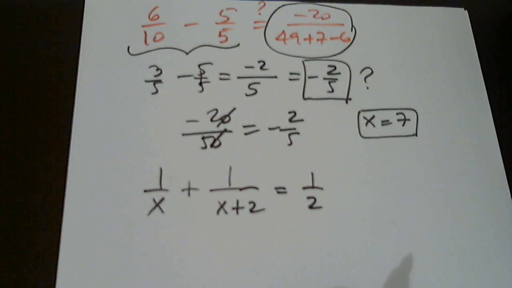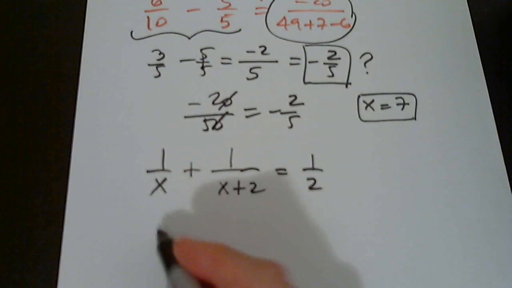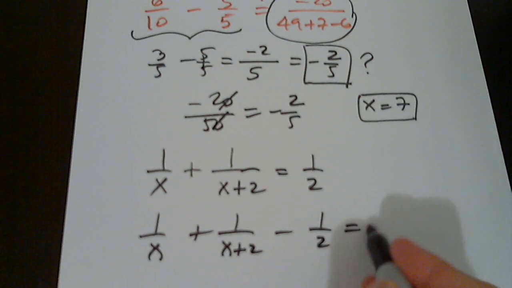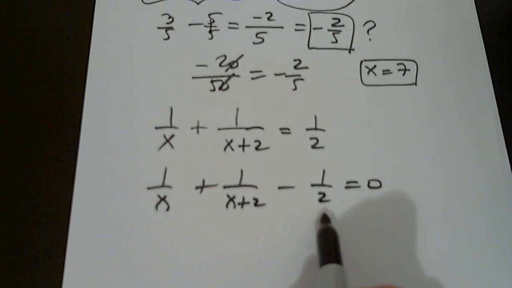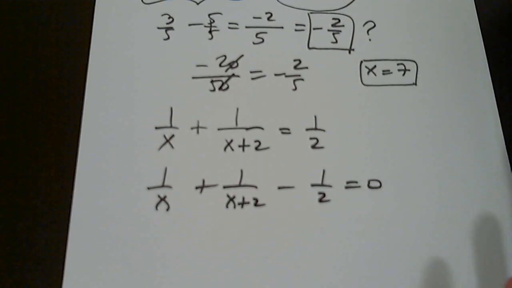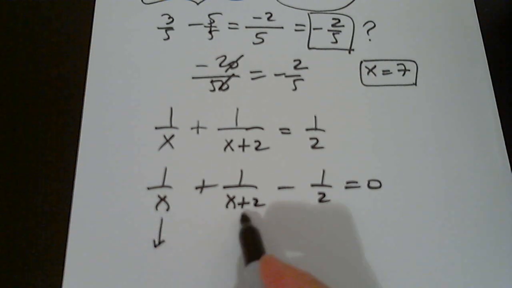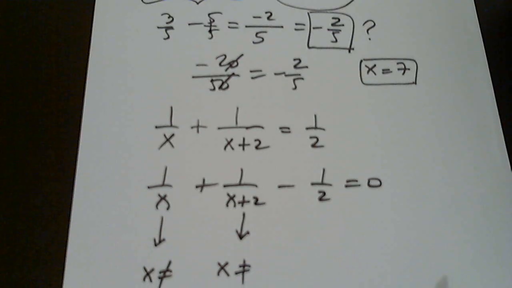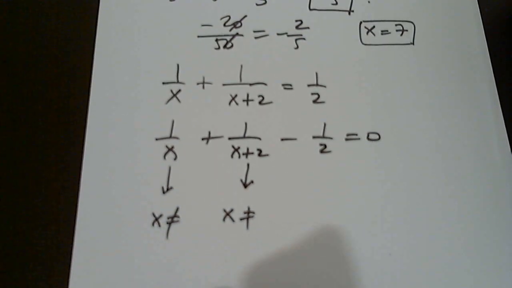Excellent. Perfect. So I move 1/2. For this, I cannot state a restriction because 2 is never 0. But for this, I have to state a restriction, and for this, I have to state a restriction. And then I will find the least common denominator.